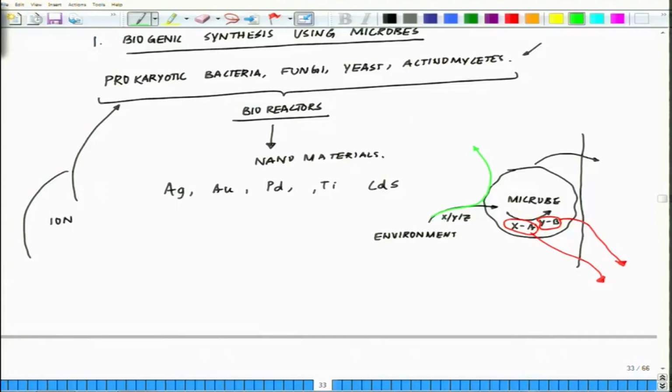Okay. So, in that situation, the microbe is decorated with a series of enzymes on top.